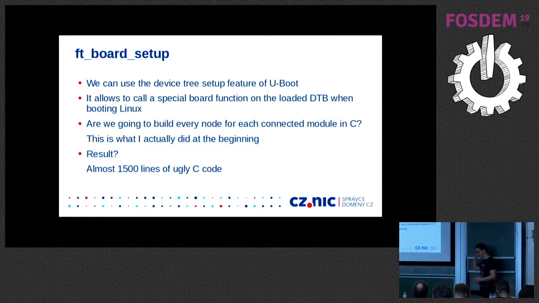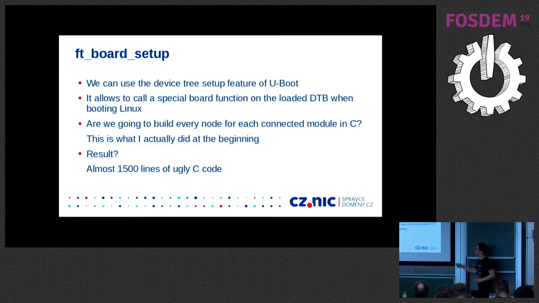So at first, I tried to create the whole nodes for each module in this function. So the main device tree in the kernel didn't contain nodes for the modules, only for the CPU module, not for the pluggable modules.